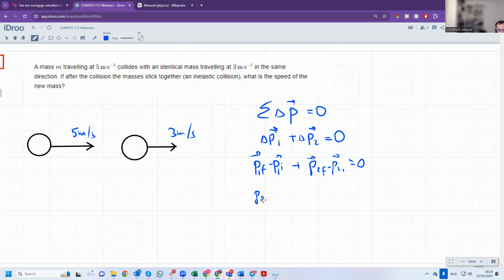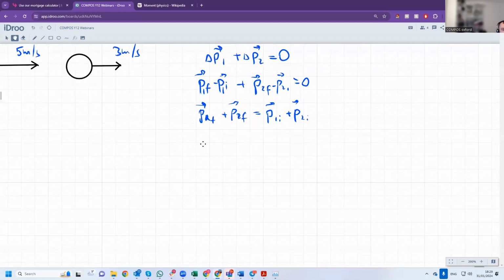And we have P1 final plus P2 final has to be equal to P1 initial plus P2 initial. We usually write P1 plus P2 is equal to P1 dash plus P2 dash.